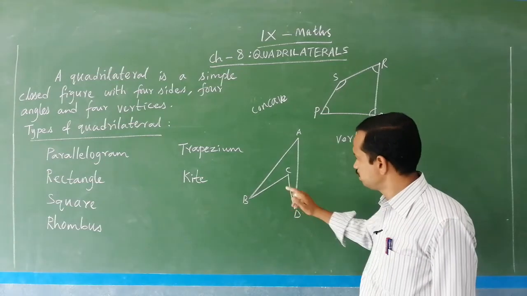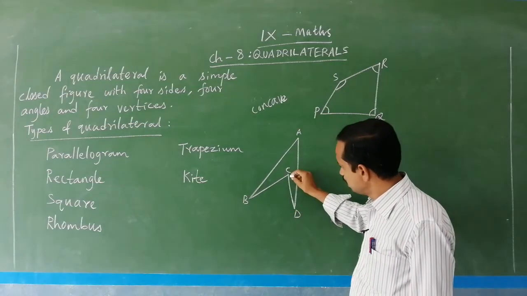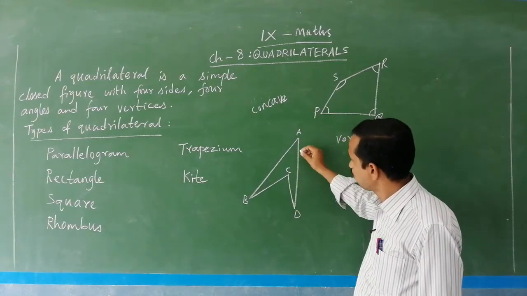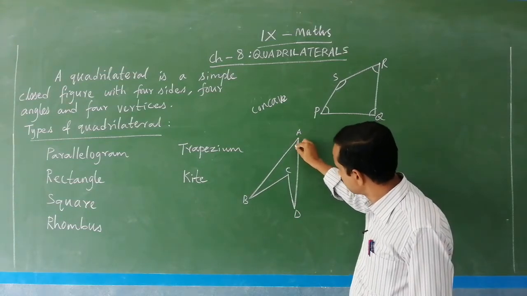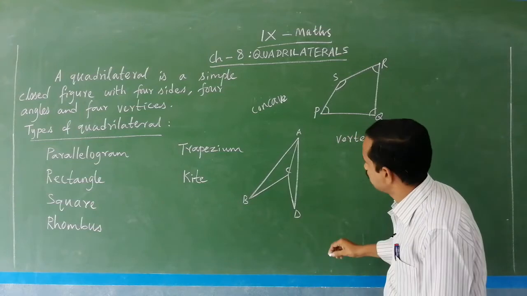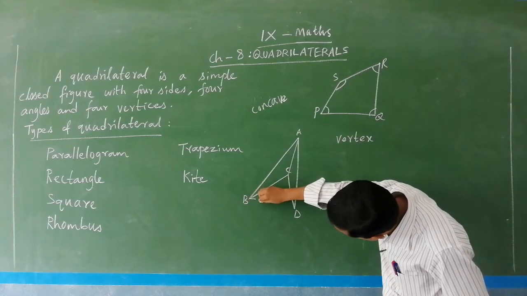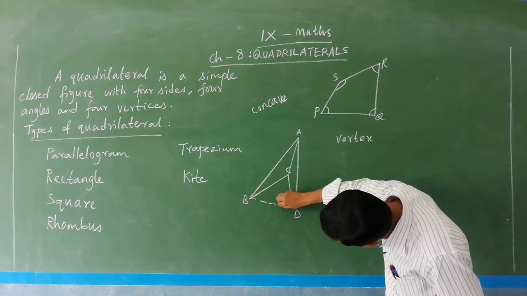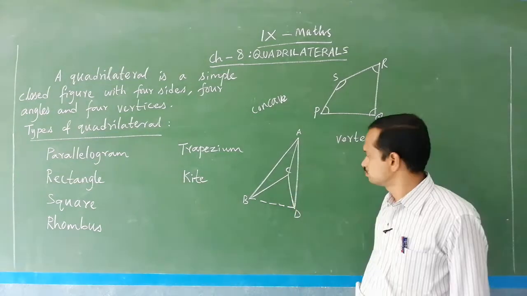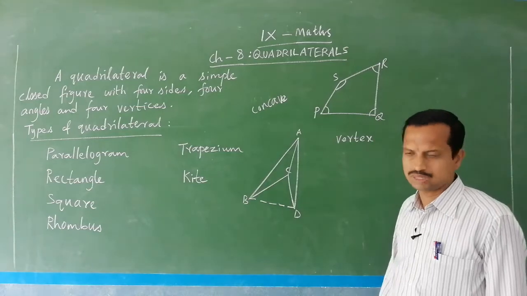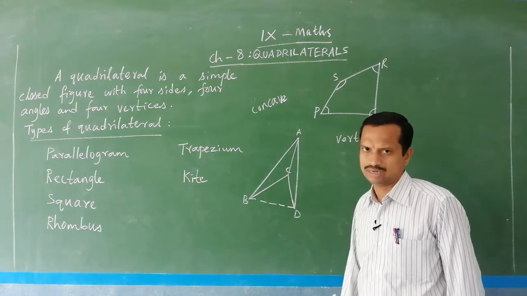So concave means, you see, if you draw diagonals, one diagonal you can draw like this, A and C you can connect. But here you see, if you join B and D, it comes exterior of the figure. So if it happens, then this is the concave quadrilateral.